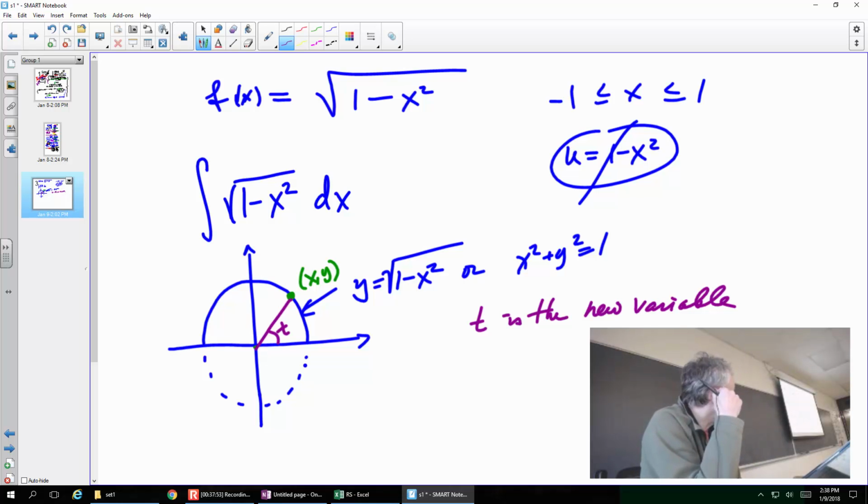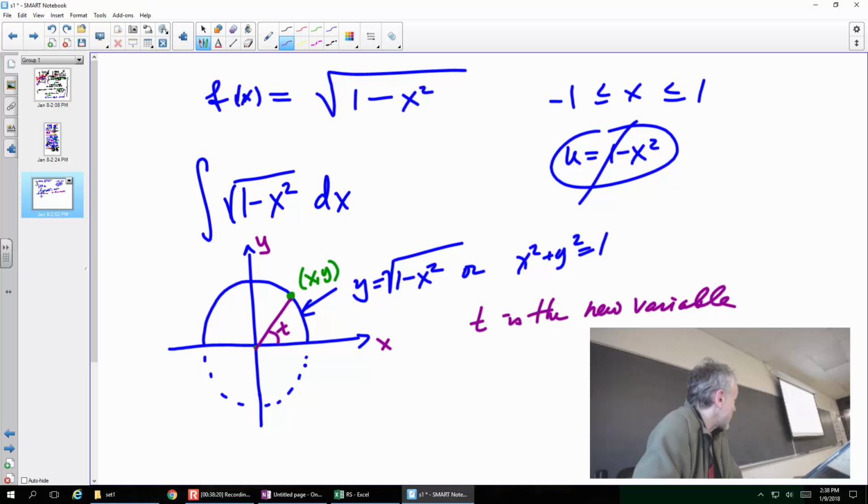Now we are doing a similar thing, but we came up with the idea that the new variable should be, in fact, the angle between the point on the curve, which is a circle, and the x-axis. Okay, so this is my t.